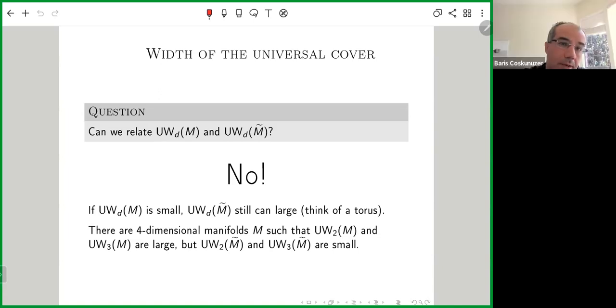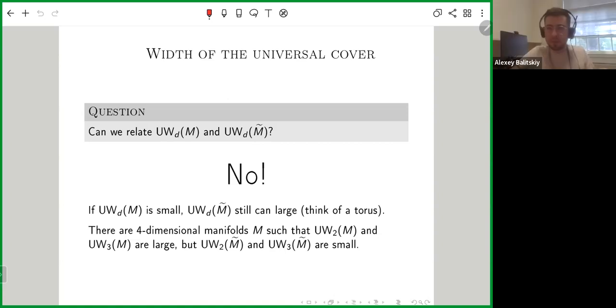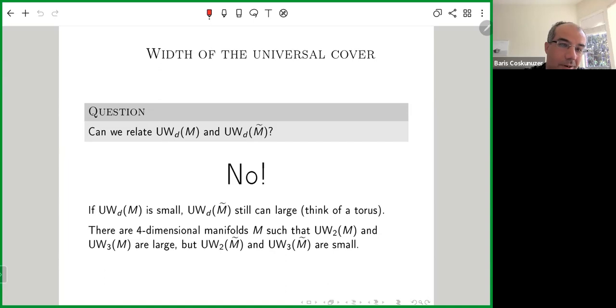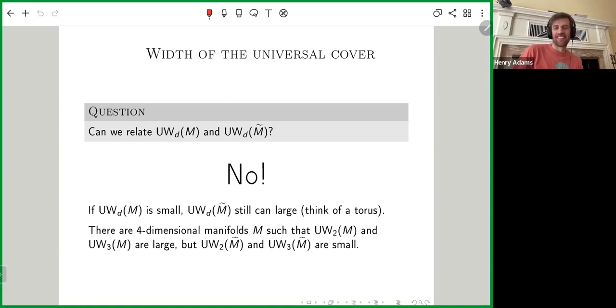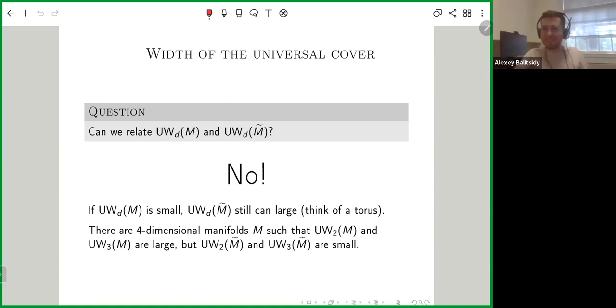So the universal cover can have smaller Urysohn width. Oh, that's very interesting. You guys should write it up. Sure.